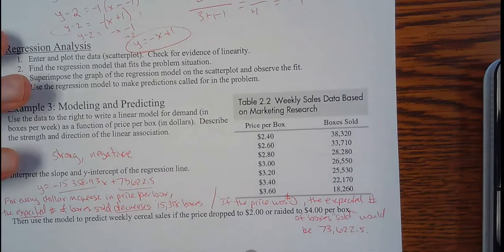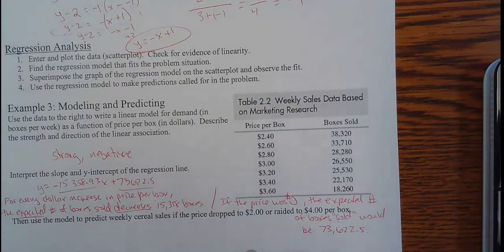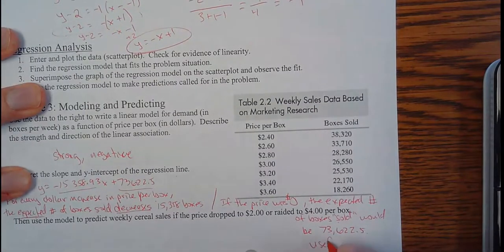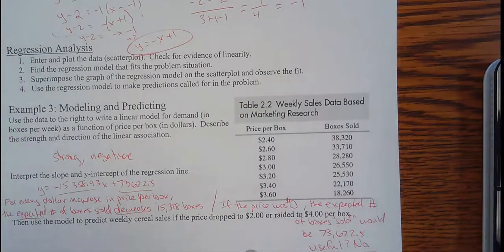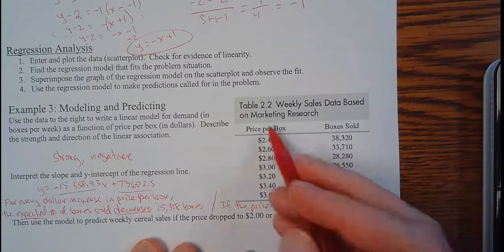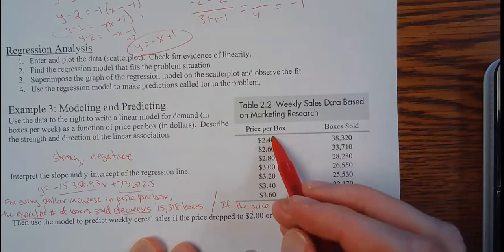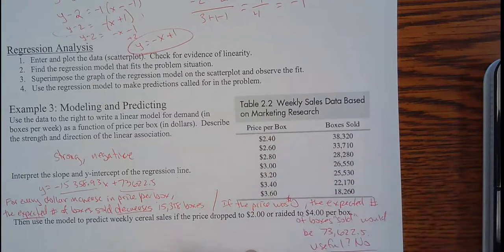You have to ask yourself, in this case, is the y-intercept useful? No. That's not useful information, because if it was free, it'd probably be a lot more than that. People would just take them. Not always is the y-intercept useful, and it's beyond the normal domain. The domain of my data was from 240 to 360. So it's not really useful.